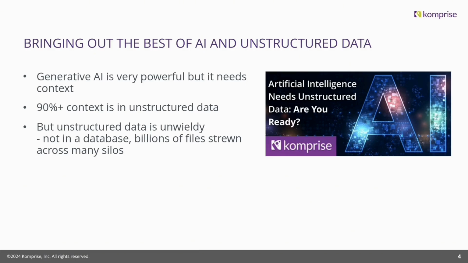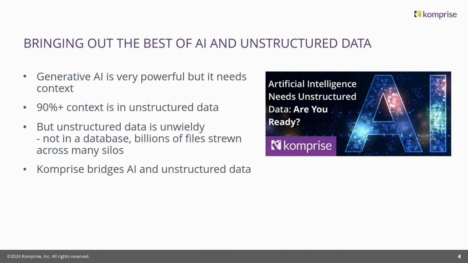If you're using a cloud-based AI solution, which is what I presume most of us will be using because it's too hard to build your own machine learning model and to train your own model, so most of us are going to be using public AI services like Copilot or AWS services or OpenAI or one of these things. So if you're using a public AI service, you need to give it context, and that context comes from corporate data.